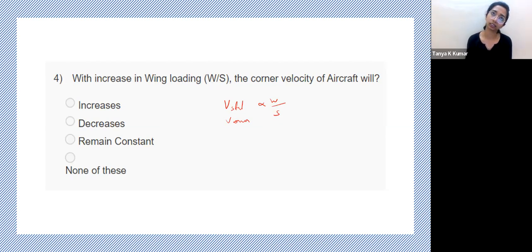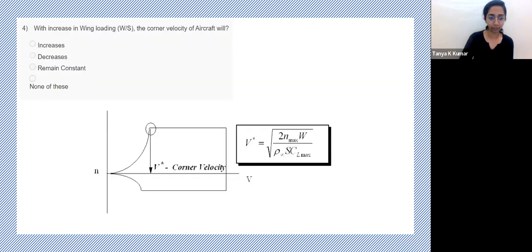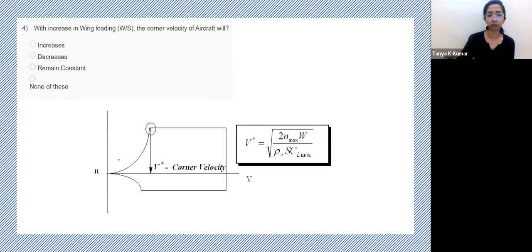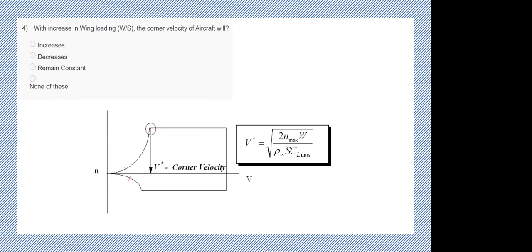I'm sure you're aware of this VN diagram, right? Yes, ma'am. This is the corner velocity. This shows the limits that are imposed on the velocity. What limits do these curved lines impose? Load factor.